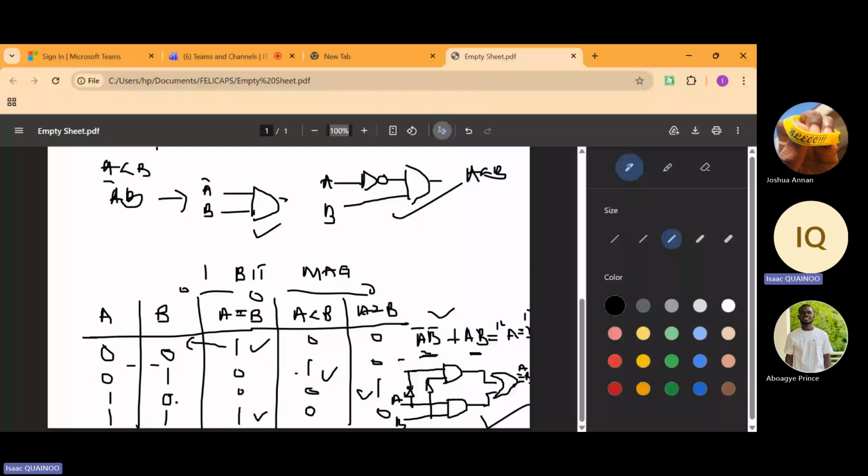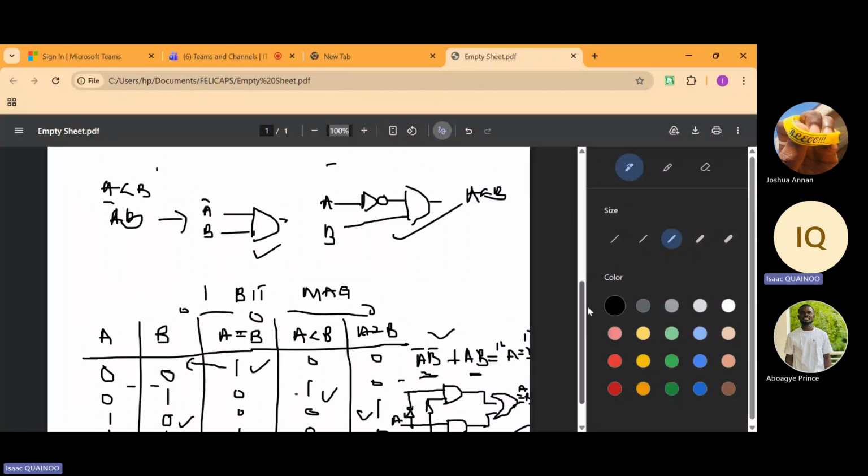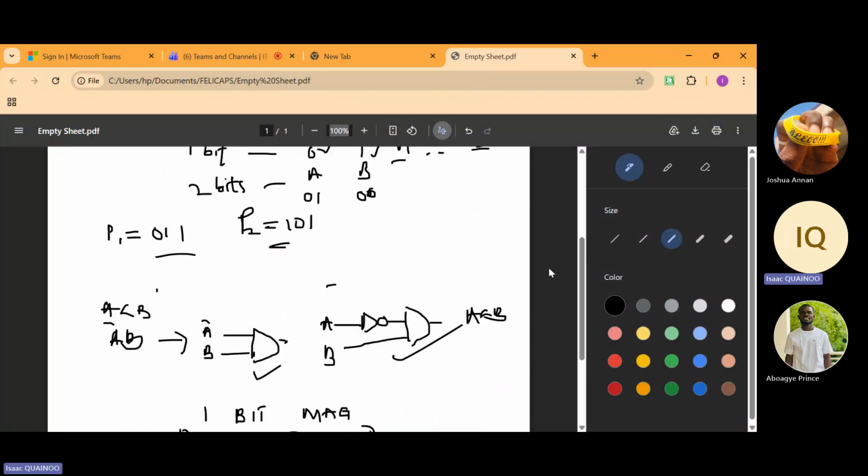So in terms of A and B, how do you represent that? A, B bar. So we have A, B bar. You can also use an AND gate.